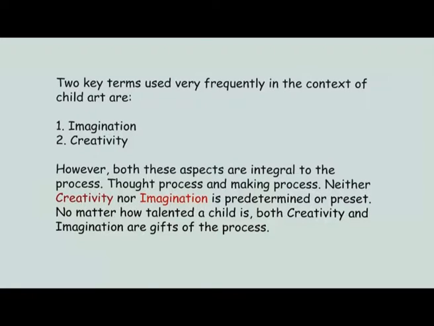However, both these aspects are integral to the process, the technical process, the very physical process of making a painting, the thought process, the mental process, the perceptual process through which a child reconstructs the visual world, through which a child reimagines the visual world, through which a child creates an entirely new visual world for their own sake.